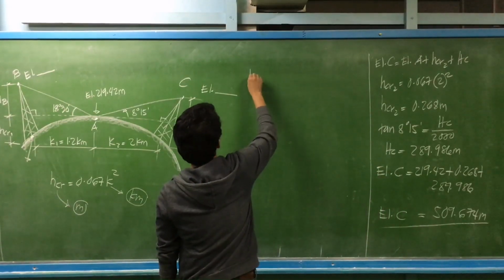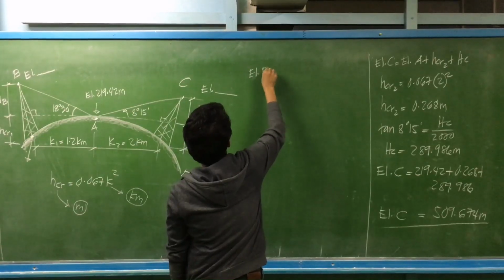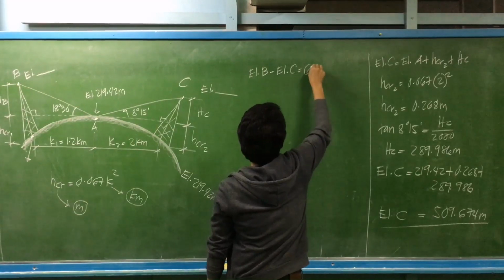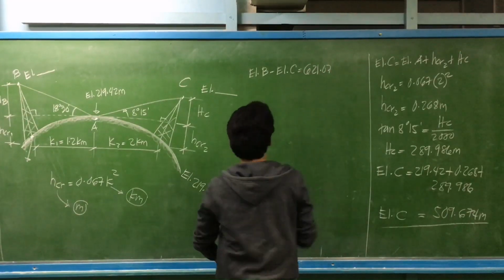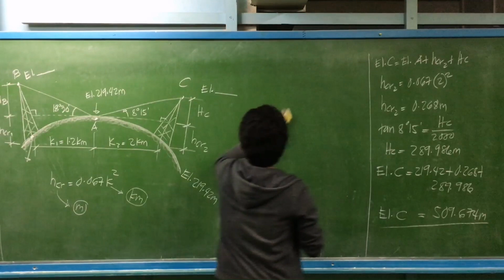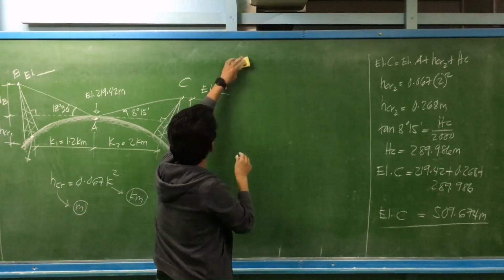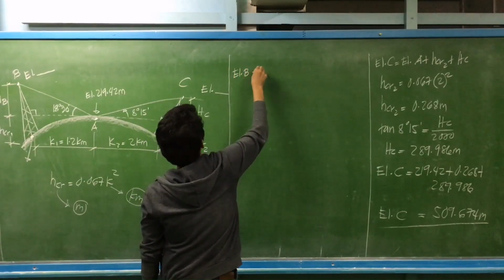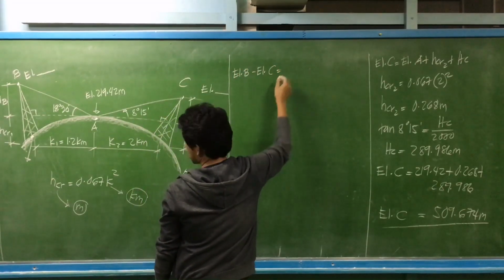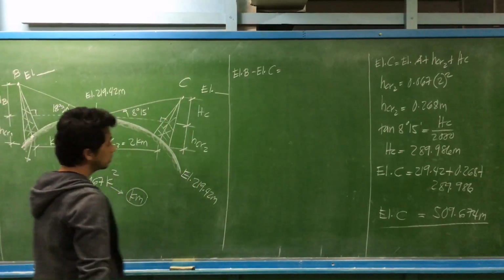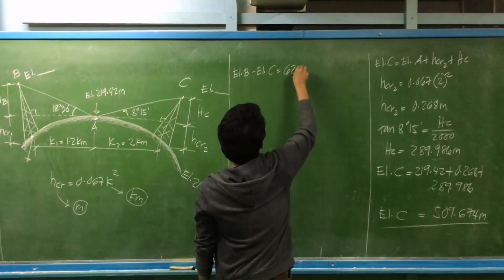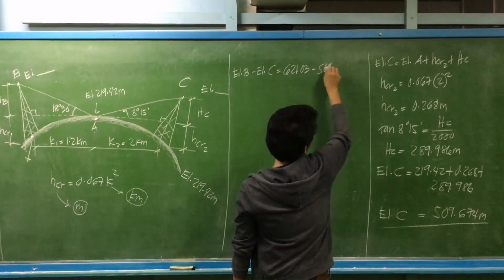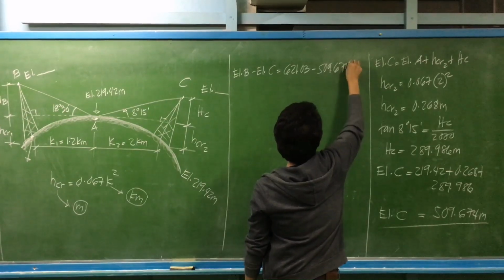So ngayon, kunin natin yung difference in elevation. Okay, the difference of elevation, this is elevation B, mas mataas si B, minus elevation of C, is equal to 621.03, elevation of point B, minus the elevation of point C, 509.674.